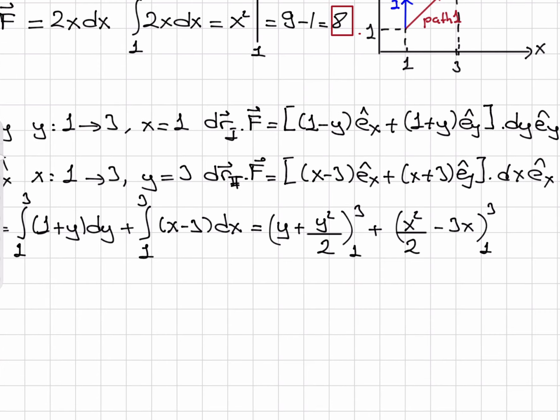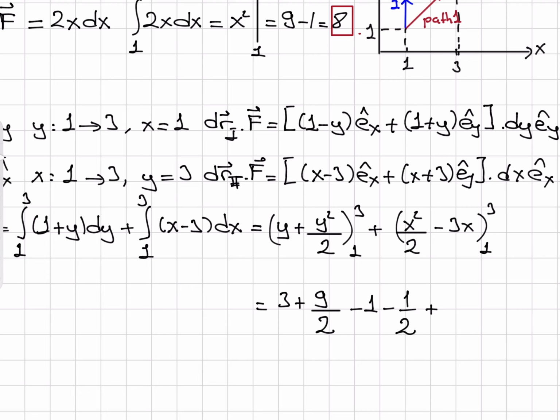So this will give us 3 plus 9 over 2 for the first term, and minus 1 minus 1 over 2.